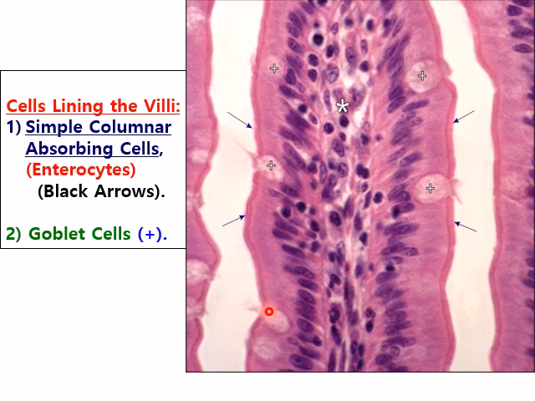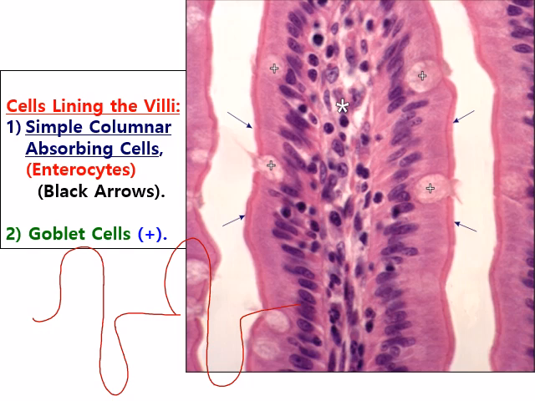I want to tell you, look here dear students, the small intestine contains villi and crypts. How to differentiate between villi and crypts? The villi contain nothing in between, while the crypt contains connective tissue in between, the lamina propria.